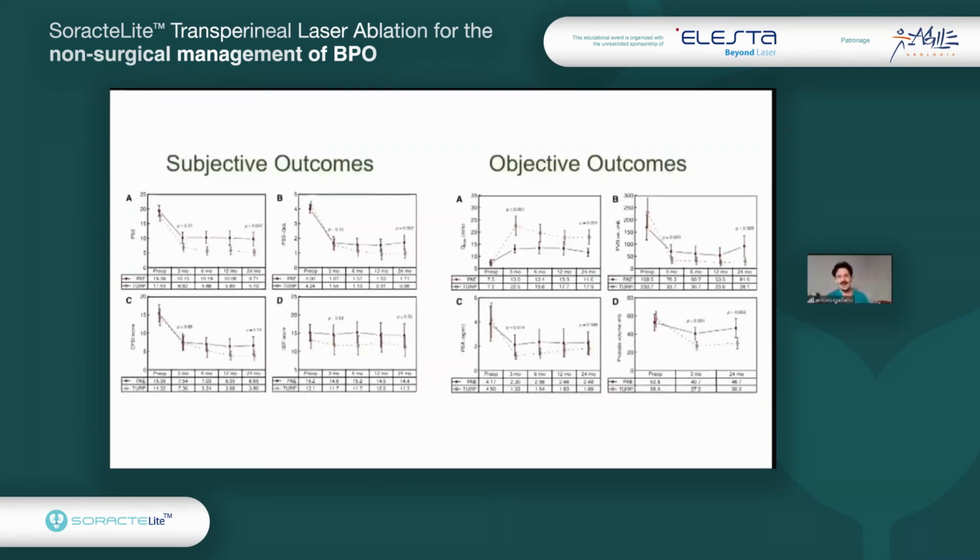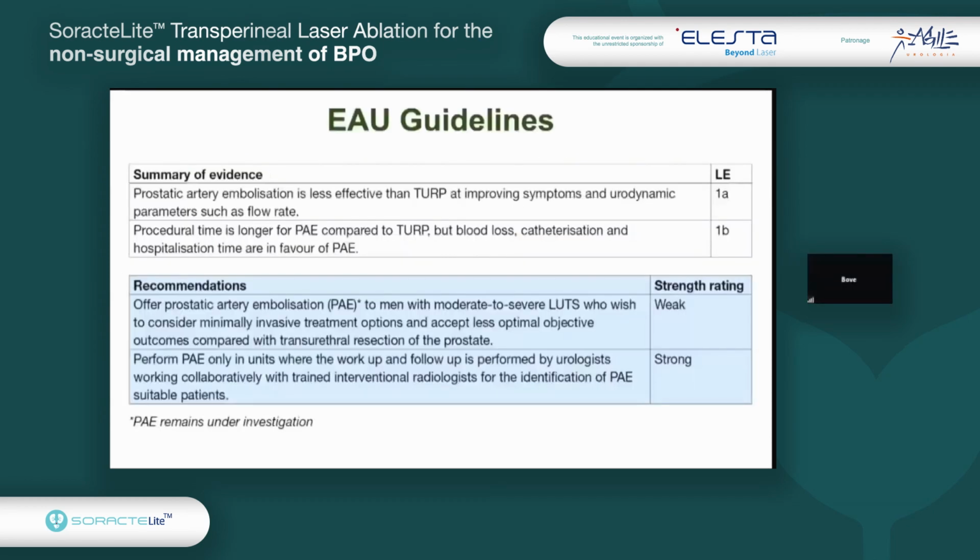But really, about the outcomes, there is no way. TURP is more effective than PAE both for subjective and objective outcomes: prostate volume, PSA, flow, uroflowmetry data, and so on.